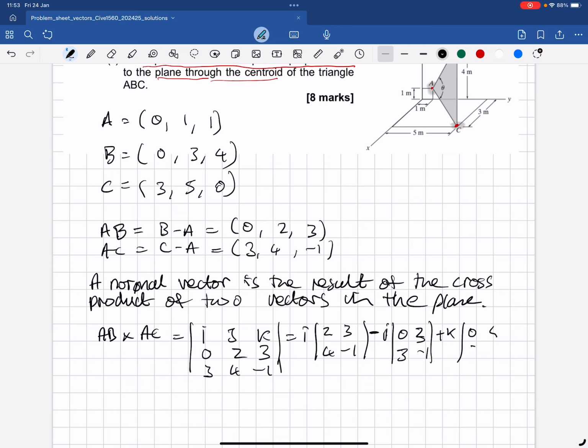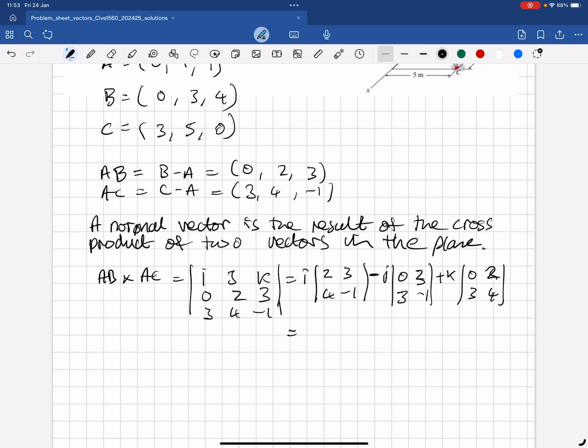Expanded now: i times 2 times minus 1 minus 3 times 4, minus j times 0 minus 3 times 3, plus k times 0 minus 2 times 3, works out to be minus 14i plus 9j minus 6k.